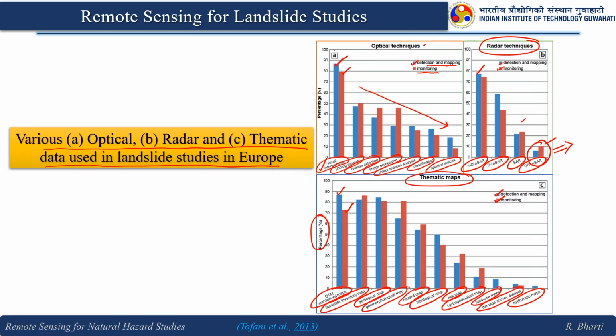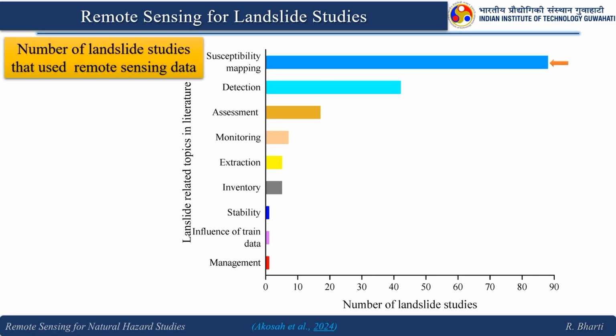particularly in Europe. This particular graph will provide you the information of the number of landslide studies that used remote sensing data sets. The first one is susceptibility mapping, that is how an area is susceptible to failure.